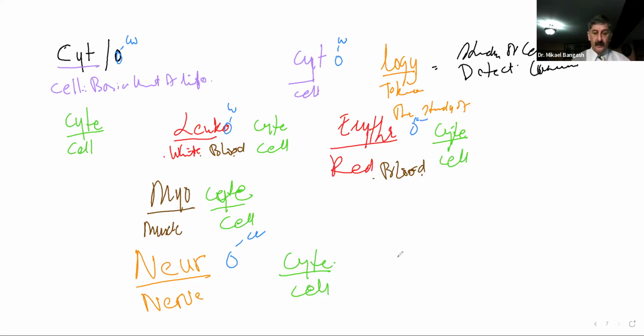So what we can call a nerve cell can technically also be referred to as a neurocyte. This neurocyte or nerve cell may also go under another name, which is a neuron.